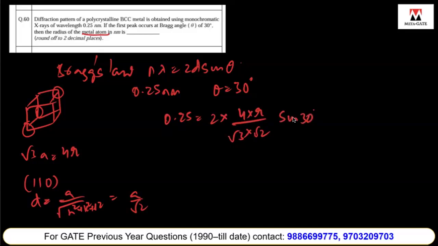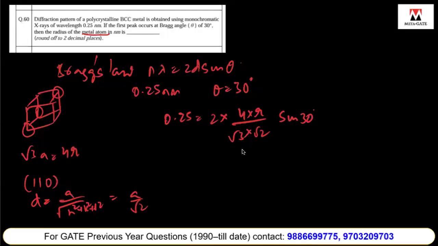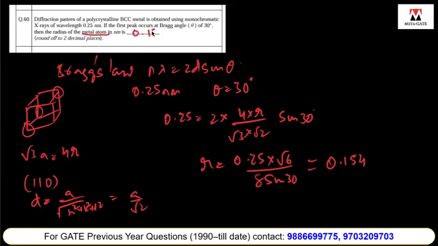So if you calculate the value, r is equal to 0.25 into root 6 by 8 sine 30. You'll get 0.154 nanometers. The answer is 0.154.